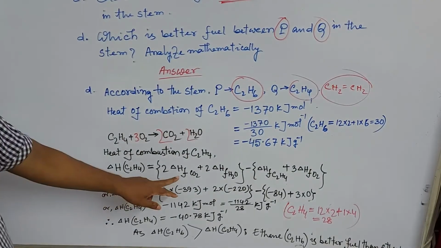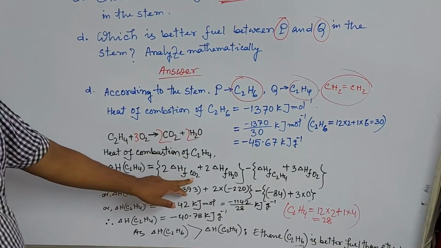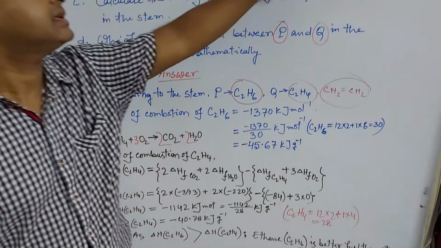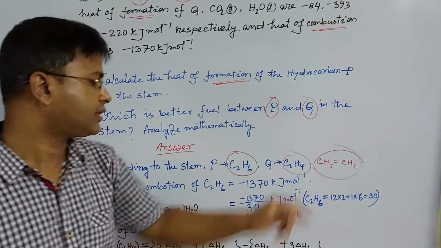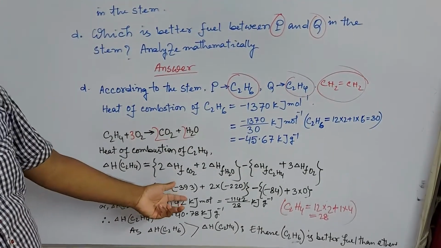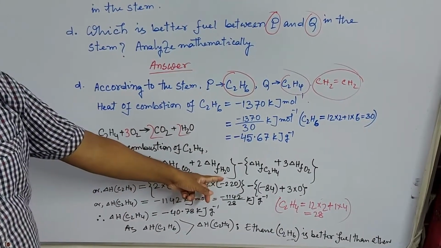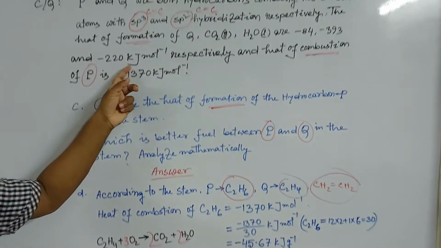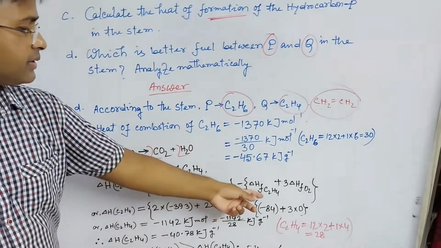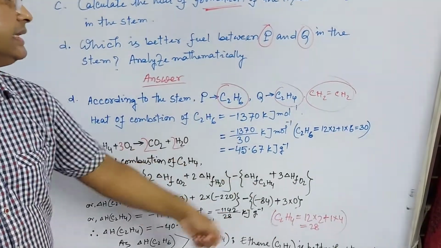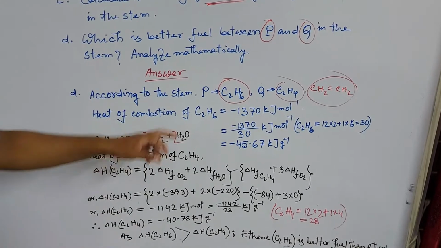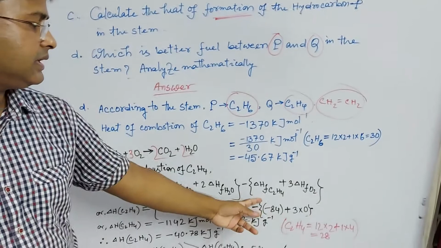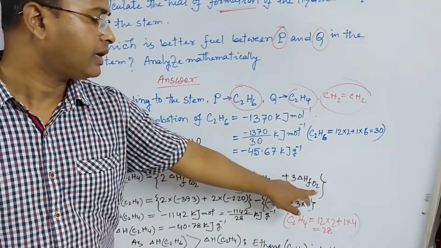The heat of formation of carbon dioxide is minus 393 kilojoule per mole, water is minus 220 kilojoule per mole, and the heat of formation of ethene is 84 kilojoule per mole, and the heat of formation of oxygen is 0.